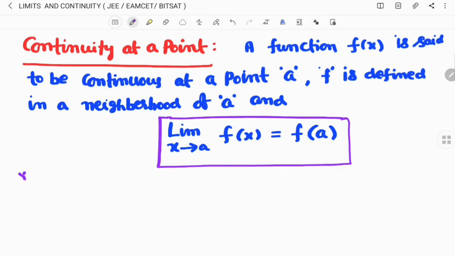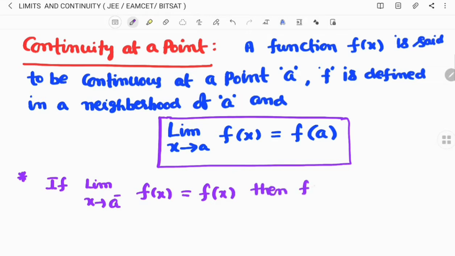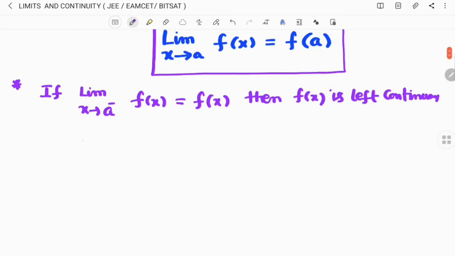See here, first point: if limit x tends to a minus, which means x is less than a, dear students, you have to remember, f of x is equal to f of a, then f of x is left continuous at x equal to a.